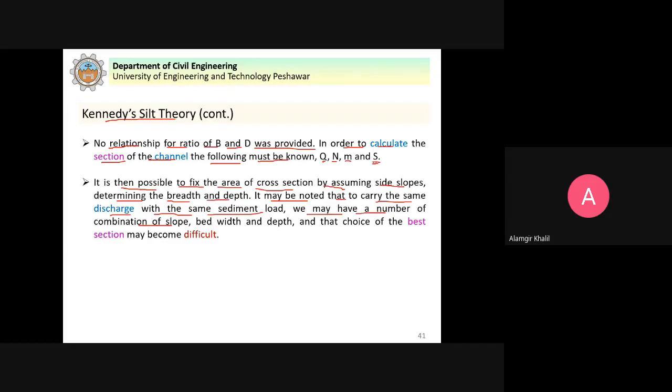Actually, practically, then it will depend on the ground where we have to construct the canal. From there, we have to calculate practically. So anyhow, but if this value changes, what will happen? We may have a number of combination of slope, bed width, and depth, and that choice of the best section may become difficult. So these are actually the drawbacks in the Kennedy's theory that were addressed in the Lacey's regime theory that later on came.